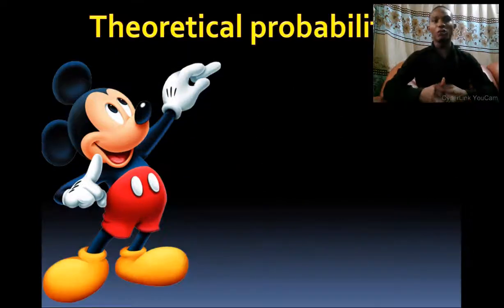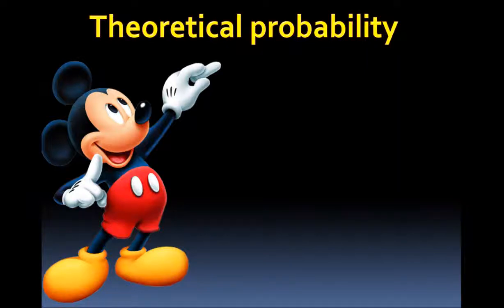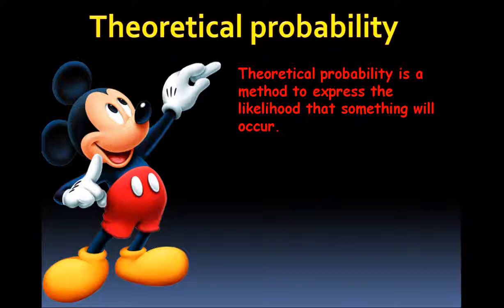Now let's move on to theoretical probability. When we talk about theoretical probability, it is a method to express the likelihood that something will happen. Or we can say theoretical probability is a method to express the likelihood that something will occur.